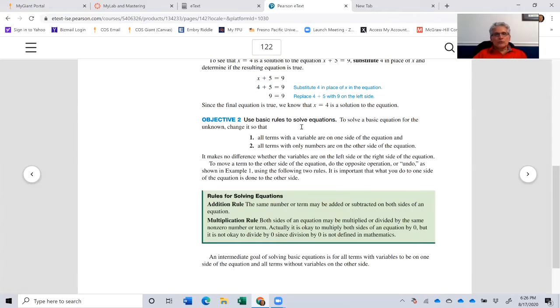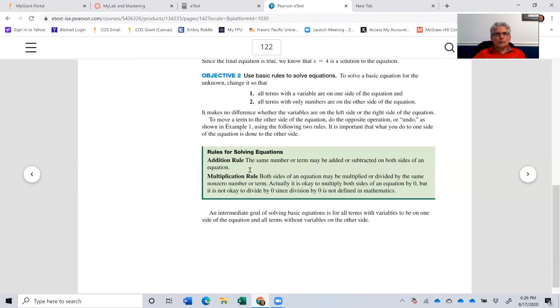Okay, so the rules for solving equations. Here you have two. The addition rule: the same number or term may be added or subtracted on both sides of the equation. So you have the equal sign, the left side is the left side and the right side is the right side.